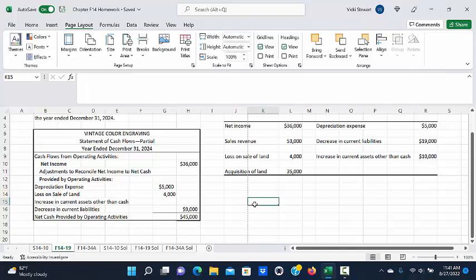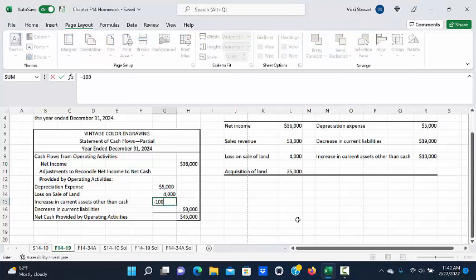The next items that we see listed that we would need to account for would be the increase in current assets other than cash and the decrease in current liabilities. Your working capital accounts are included in the operating activities section. If our current assets have increased from the previous year, then that amount would need to be subtracted from net income.